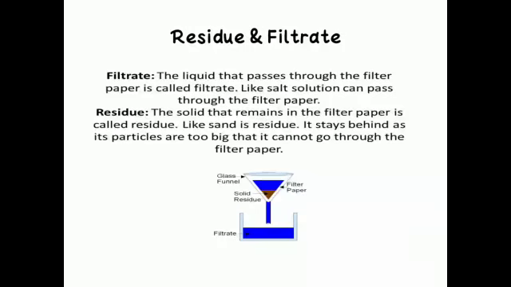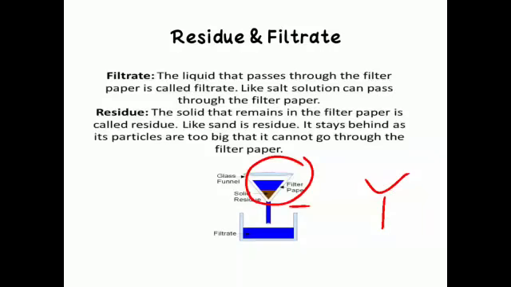During filtering, the mixture is poured onto a filter paper, as this blue color is filter paper, which is held in a funnel. This is a funnel. I will show it later too. Okay, now the filter paper is full of tiny holes and acts like a sieve.